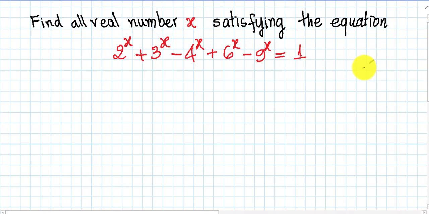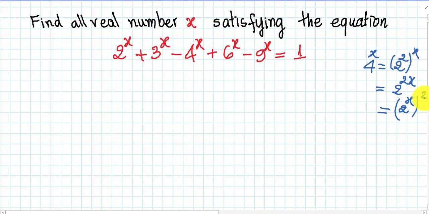We know that for 4 power x, I can write 2 squared power x, and I can write 2 power 2x, and I can write (2 power x) all squared.